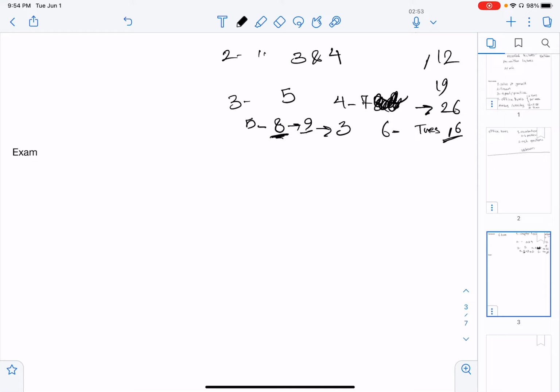So the exams. We have 3 exams in this class, and I already told you which chapters will be in which exam, and I just wanted to also emphasize the dates of the exams.